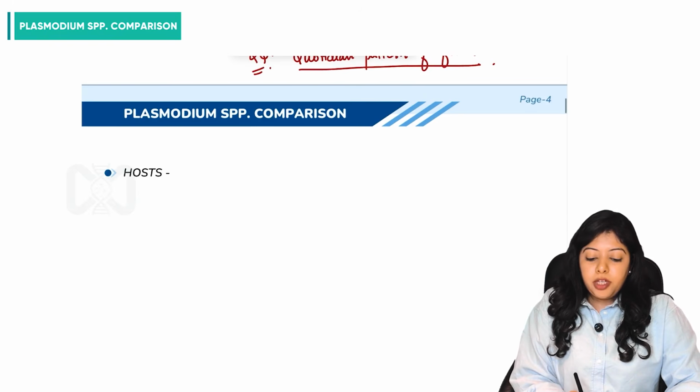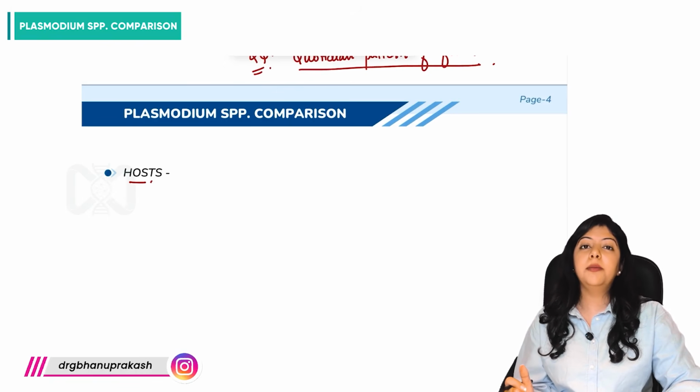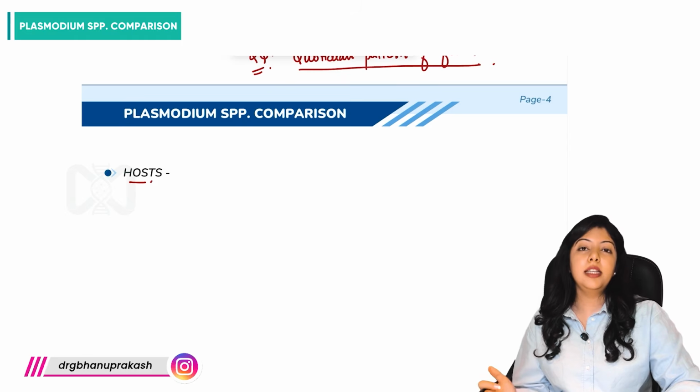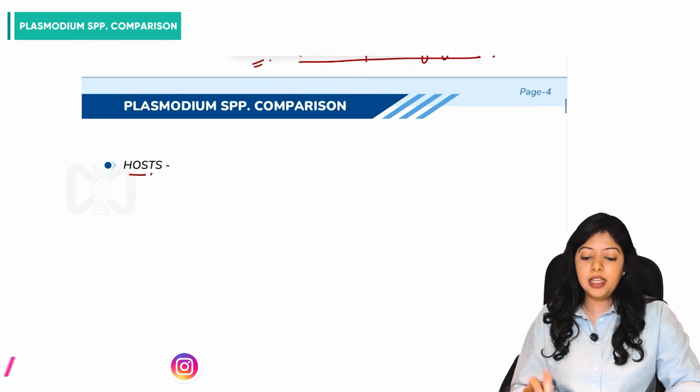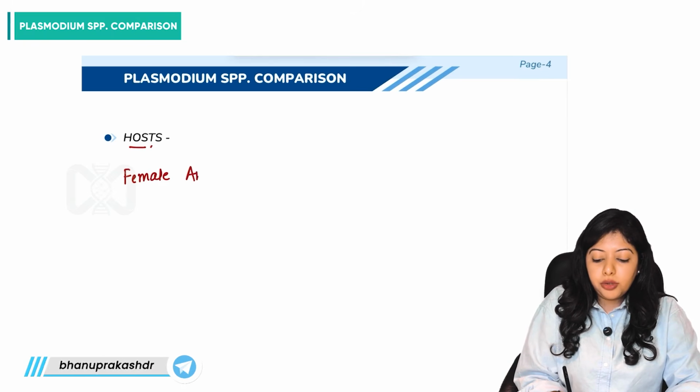Now, talking about the hosts. Naturally it is going to have one definitive host and one intermediate host. So what is the definitive host? It is the female Anopheles mosquito.